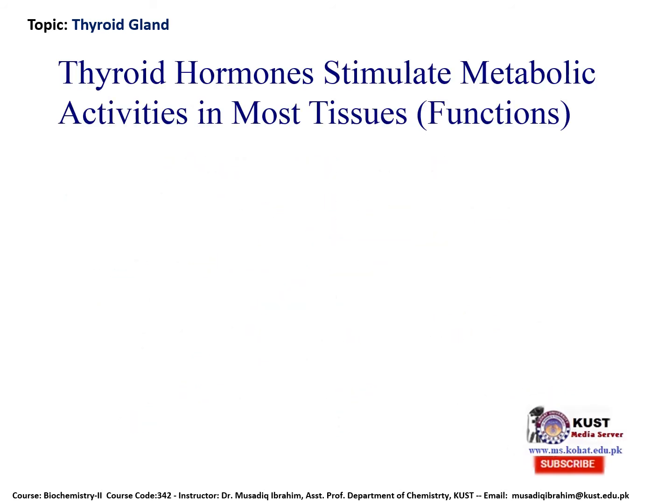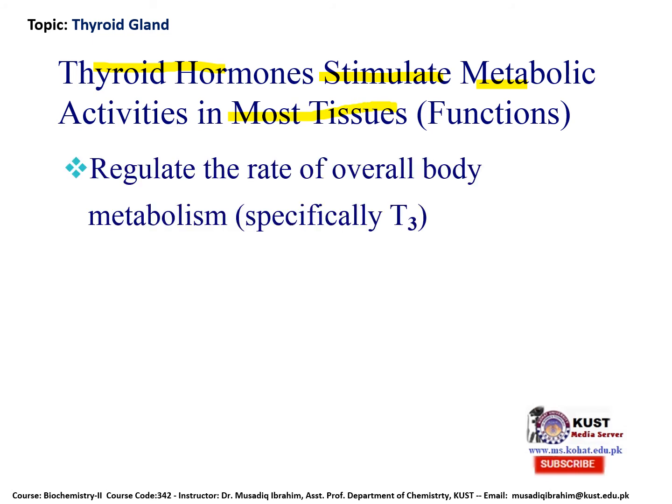So, moving towards the functions of the thyroid hormones, they stimulate the metabolic activity in almost all the tissues of the human body. One of the functions performed by the hormones secreted by the thyroid gland is to regulate the overall metabolism, and specifically this is regulated by the T3 hormone.